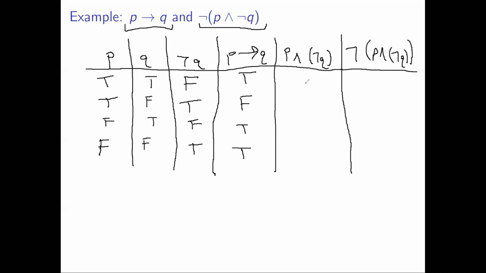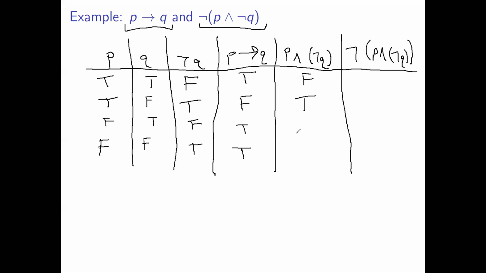So that's that column. On to the next column, P and not Q. First row, P is true, not Q is false, so the conjunction P and not Q is false, because one of the conjuncts is false. Second row, P is true, not Q is true, the conjunction is true, because both conjuncts are true.